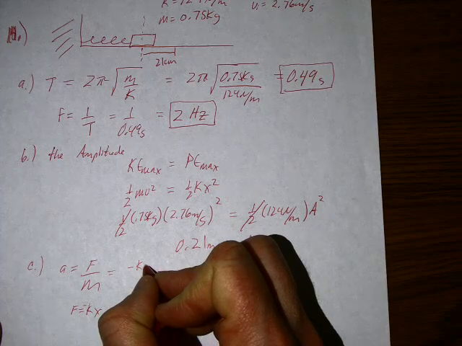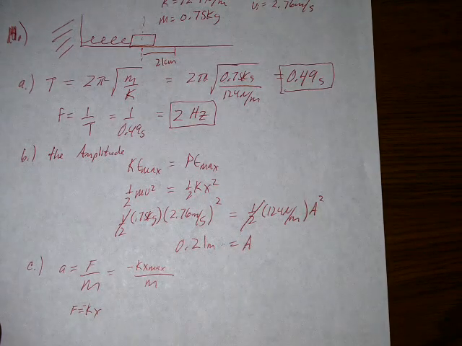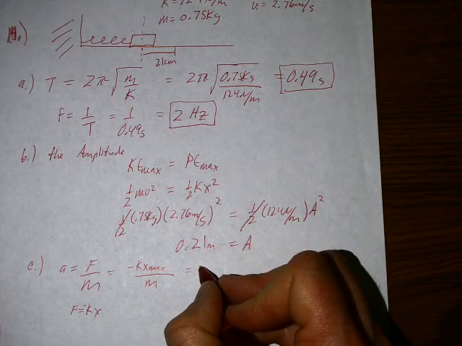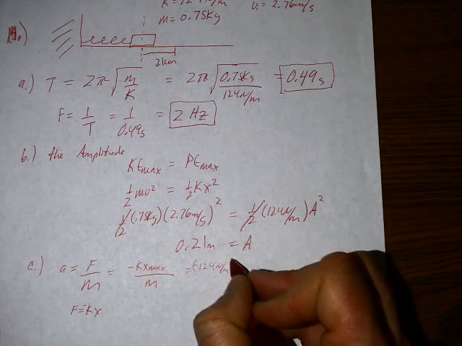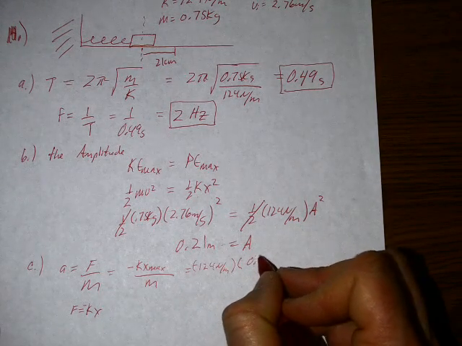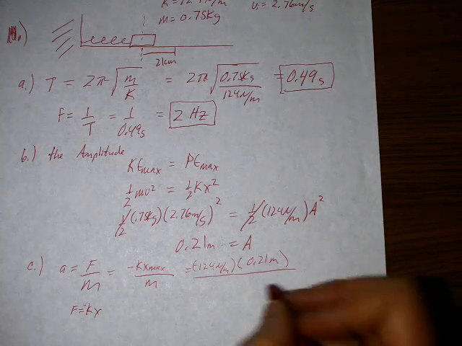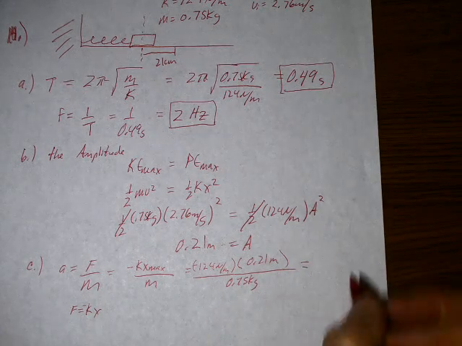The maximum is at the farthest stretch, and that's the amplitude. So this is negative 124 newtons per meter times 0.21. That's the amplitude or the maximum stretch. And then the mass is 0.75 kilograms.